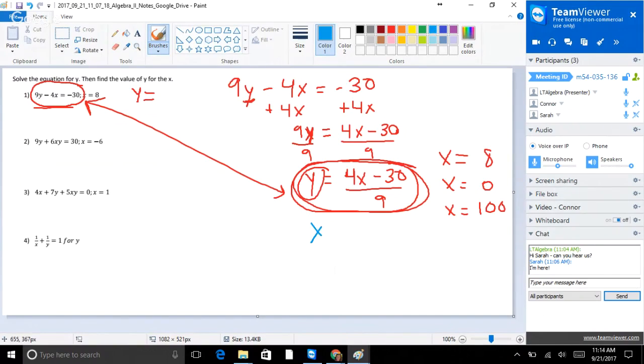So when x equals 8, we would plug that into this equation we just solved. So it would be 4 times 8 minus 30 over 9. 4 times 8 is 32, minus 30 is 2/9. And if you do 2/9 as a decimal, it's 0.22222.